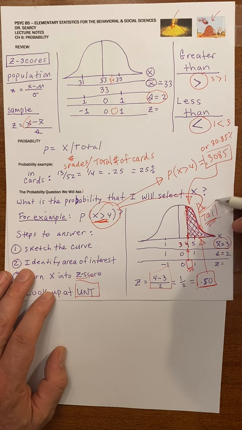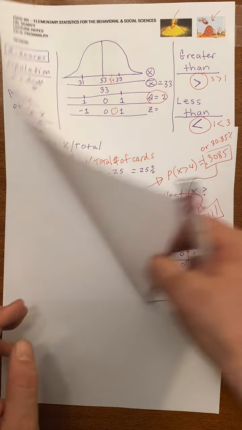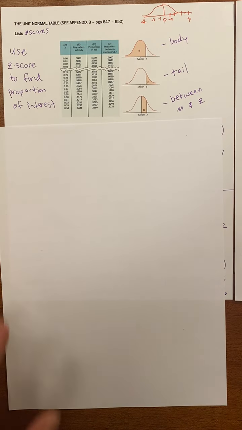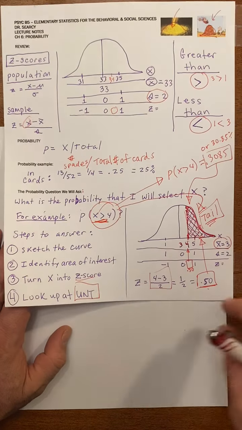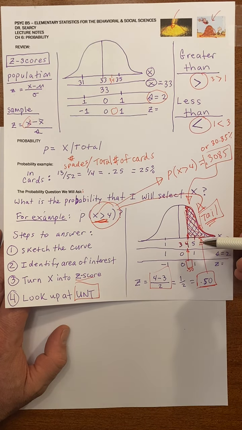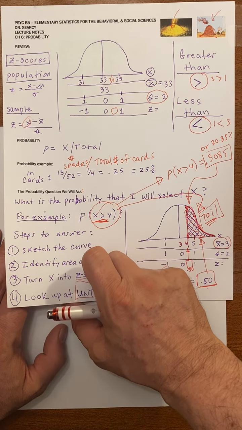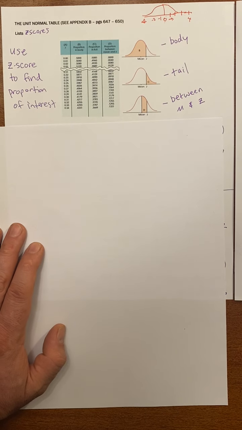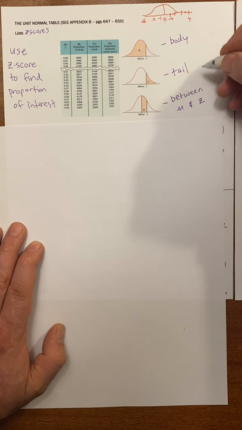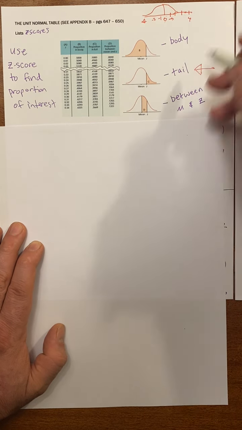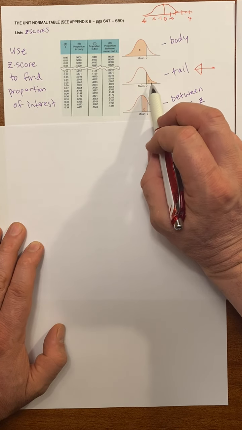We did it by using the tail number that was at the z value of 0.50. Okay, so something that we want to see with this is, whereas we just looked for this area that we're referring to as the tail, you can also use the unit normal table to find other parts of the curve as well, right? So that's an example of what we just did right now.